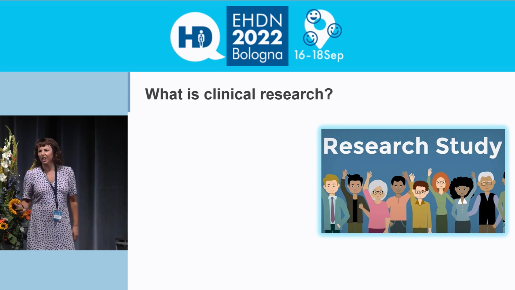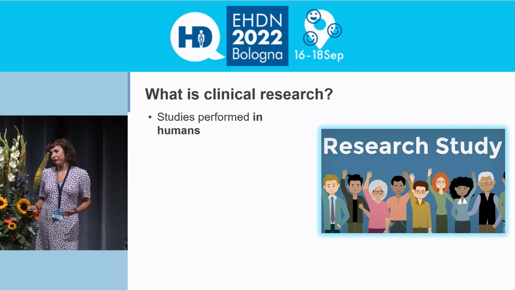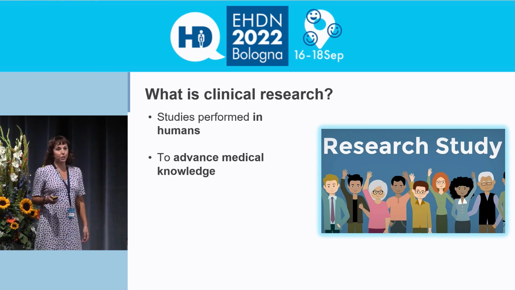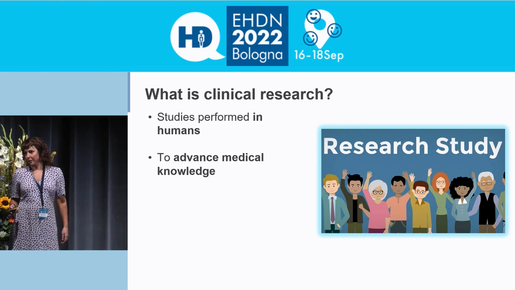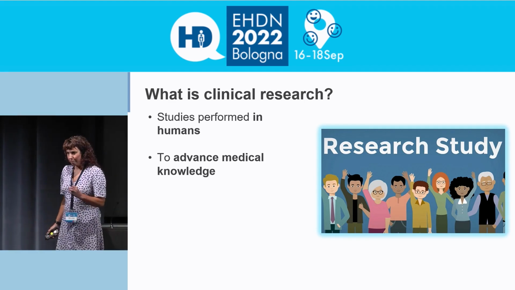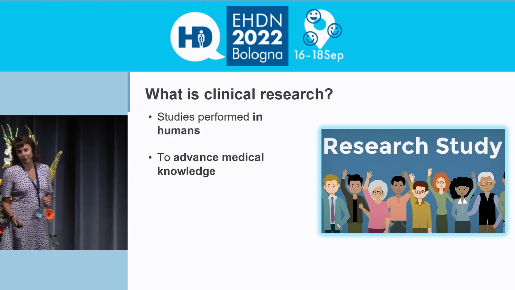So what is clinical research? Basically, clinical research involves human beings. It's studies performed in humans to advance medical knowledge. We have amazing preclinical models, but the disease is Huntington's disease in humans.